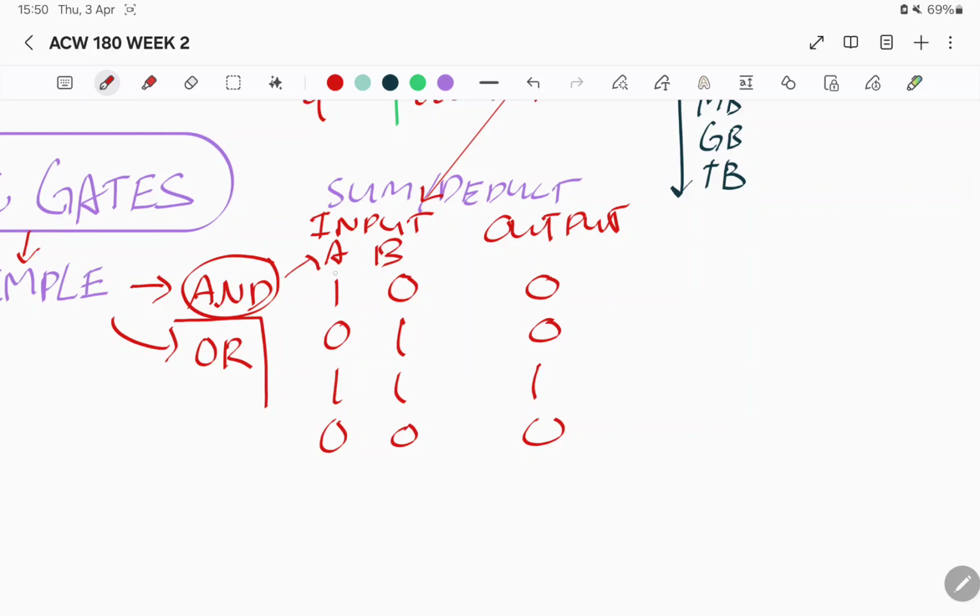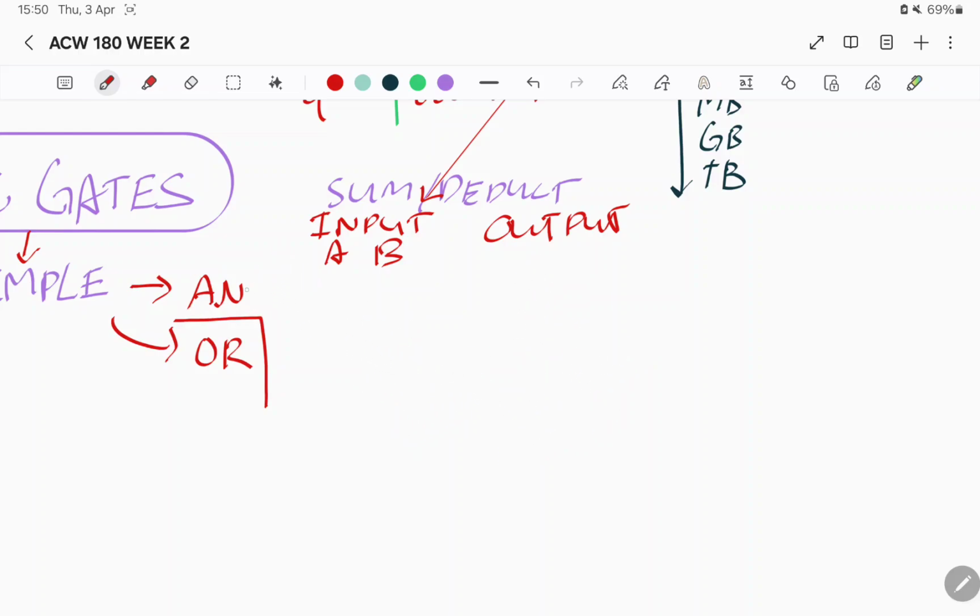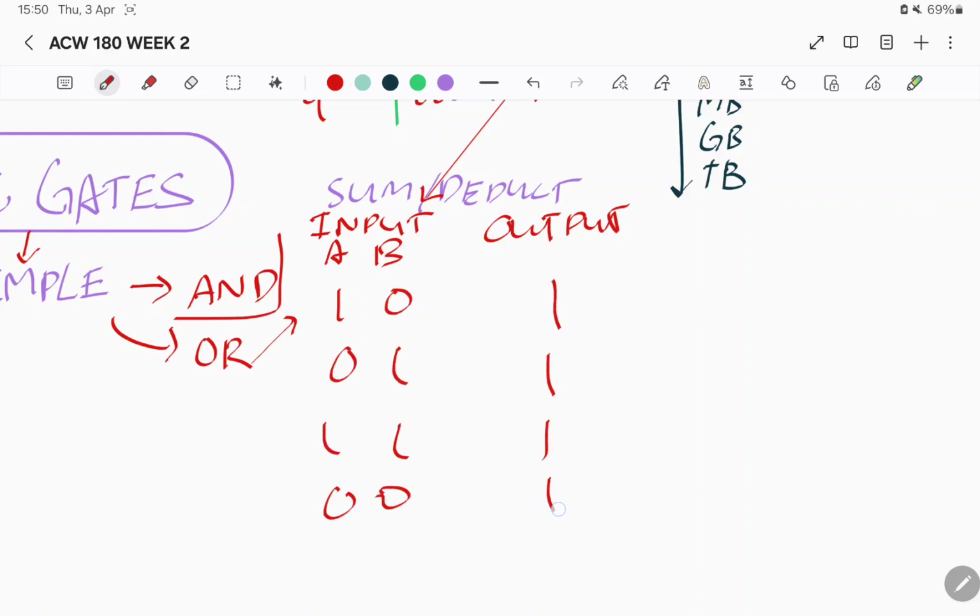AND means A and B both have electric input, then it will come out with the output. I don't want to waste so much time. It's just to show you the idea behind this, not to confuse you any further. For OR, 1 0 is 1, 0 1 is 1, 1 1 is 1, 0 0 is 0.